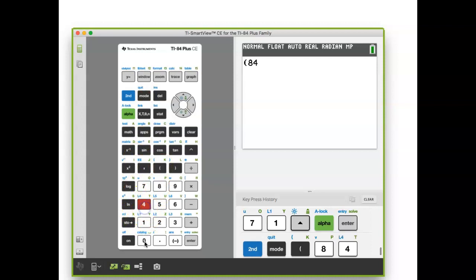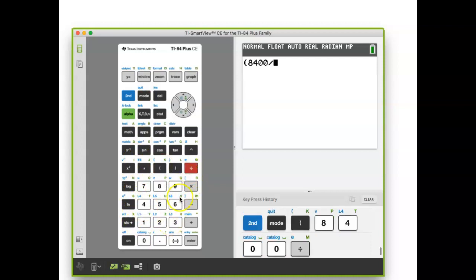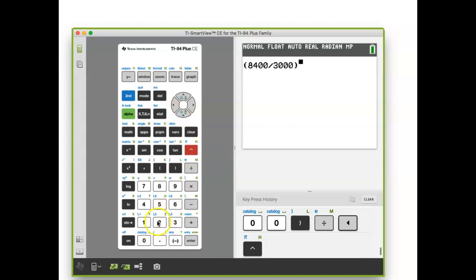We'll do this pretty carefully in our calculator. 8,400 over 3,000, to the power of 1 over 4, minus 1.